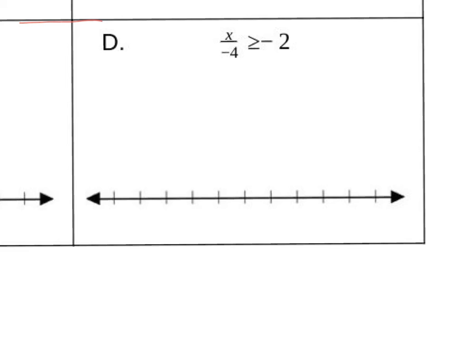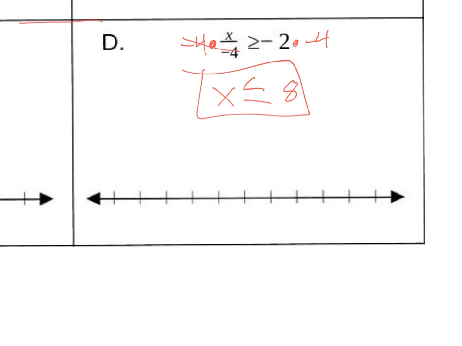All right, if we're dividing x by -4, the first thing we need to do is multiply both sides by -4. Multiplying by a negative means flip your sign. And then we can continue our work. So x is less than or equal to positive 8. All right, well, there is our inequality.